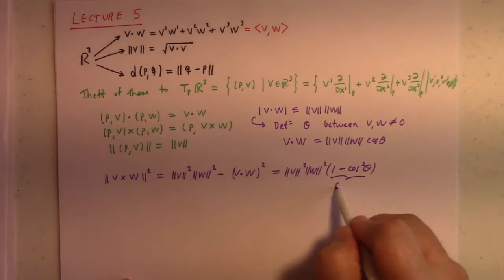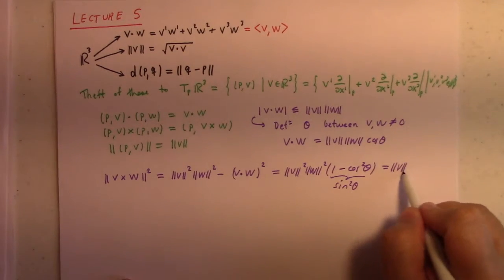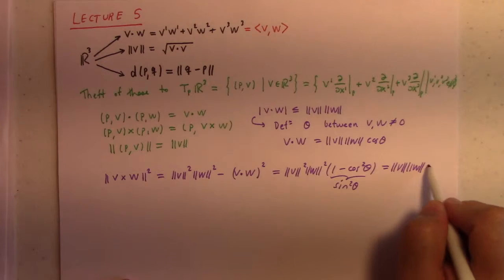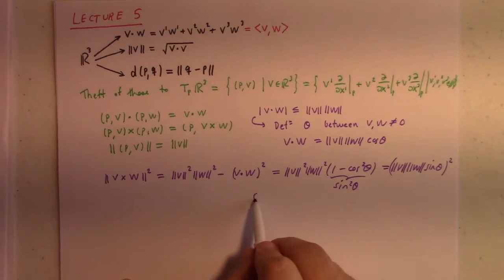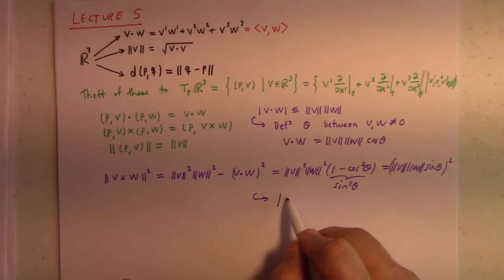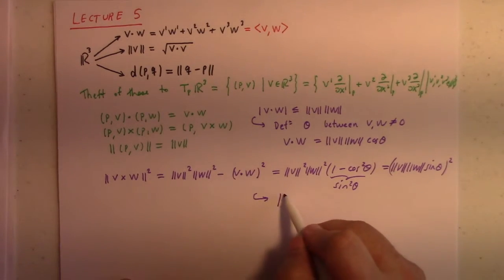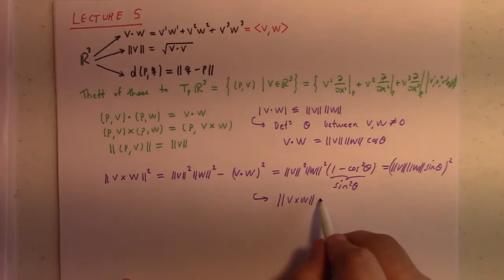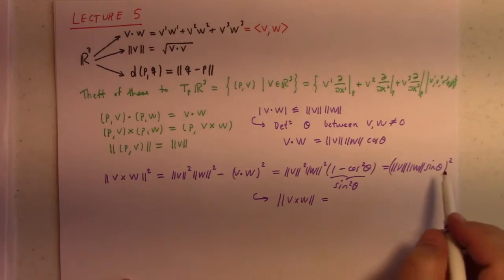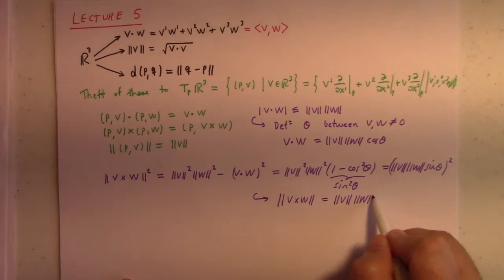Well, that's sine squared theta, right? So there you go. Length of V, length of W, sine theta, quantity squared. So that goes to show you that the magnitude of the cross product, the length of the cross product, norm of the cross product, whatever term you'd like to use, is just this.